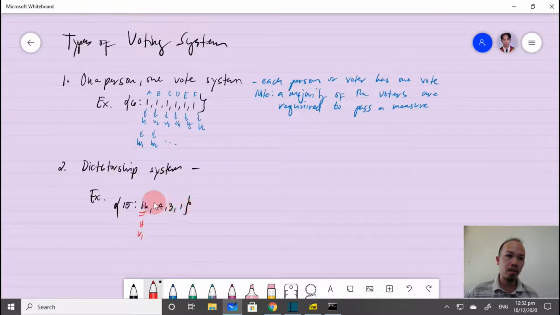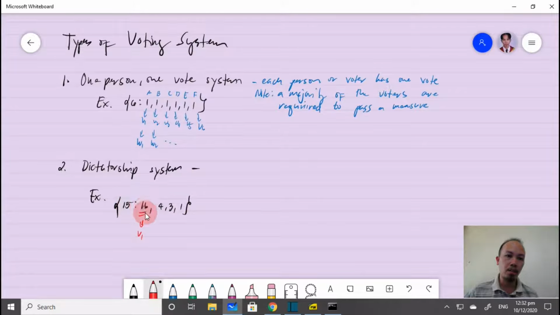This is because, as you can see here, if you sum the weights of the second, third, and fourth voter, we have 8, which is less than the quota.